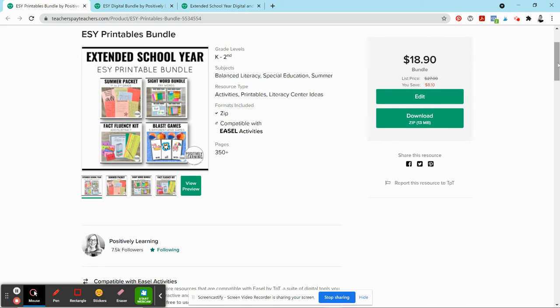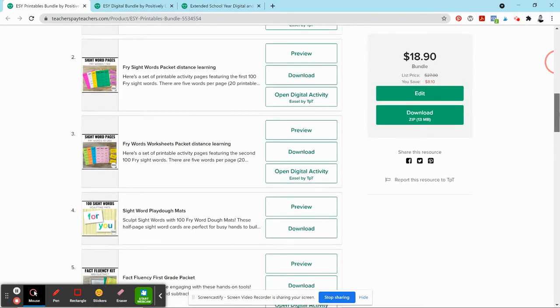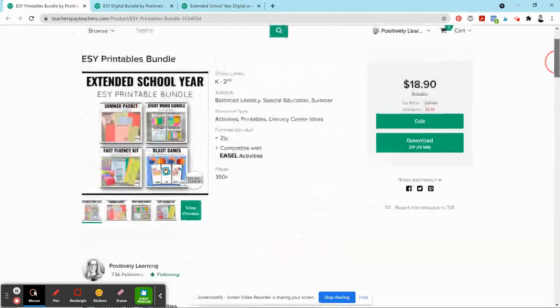You could have students working on the same activity at the same time, but at different levels, getting exactly what they need. I'm going through these so fast, but I will link them below so you can actually see what those look like.